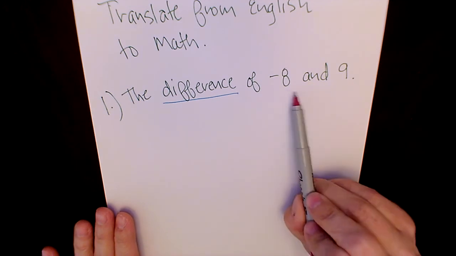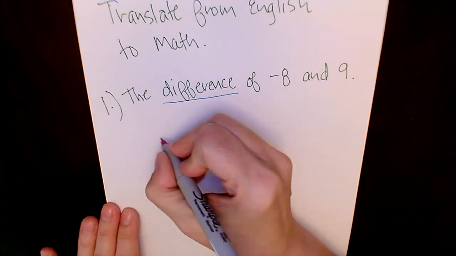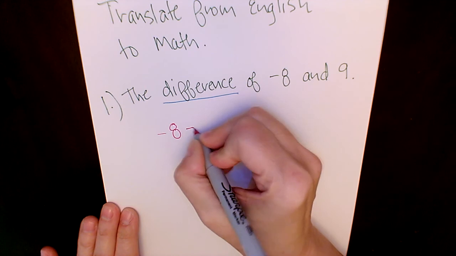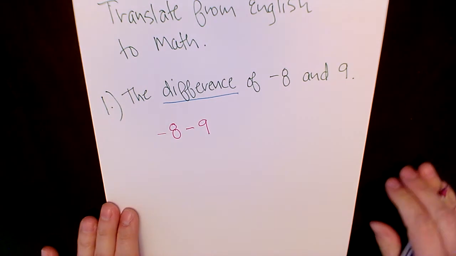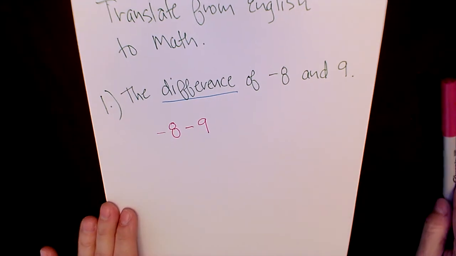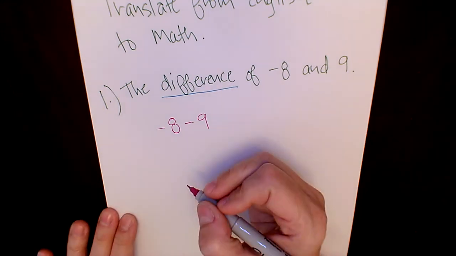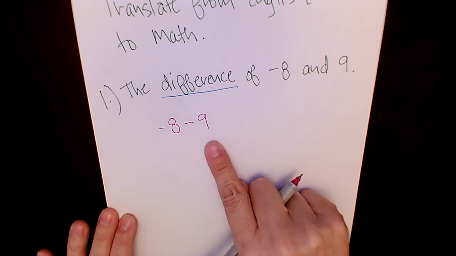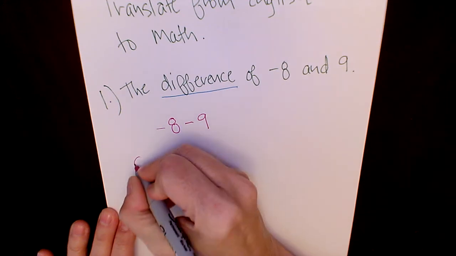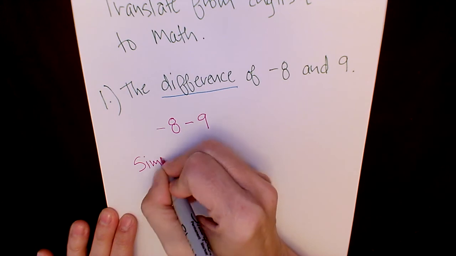So the difference of -8 and 9 would be -8 minus 9. That's it. And sometimes on the homework, they're going to have you complete the problem and work it out. So it might say simplify.